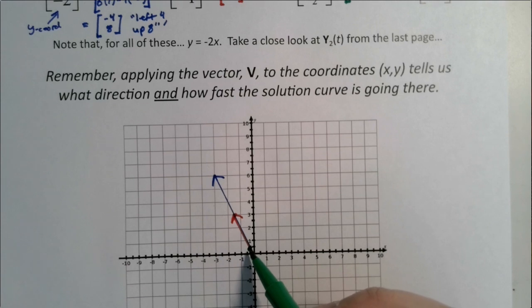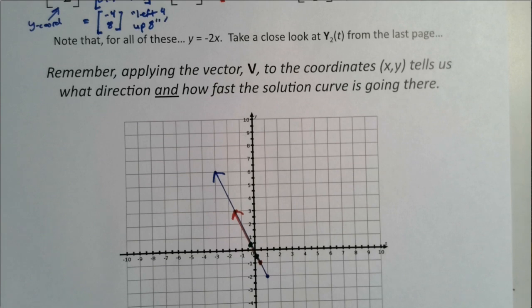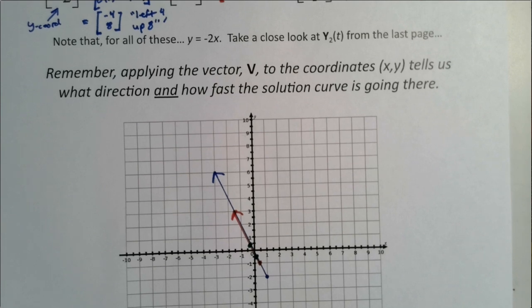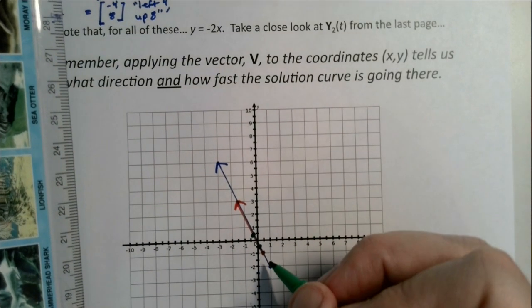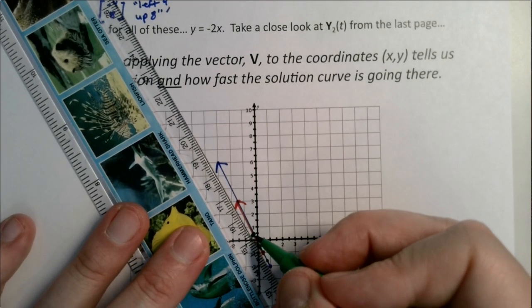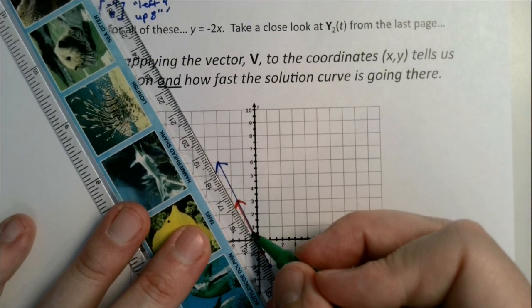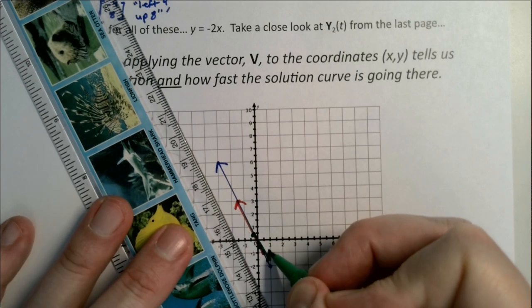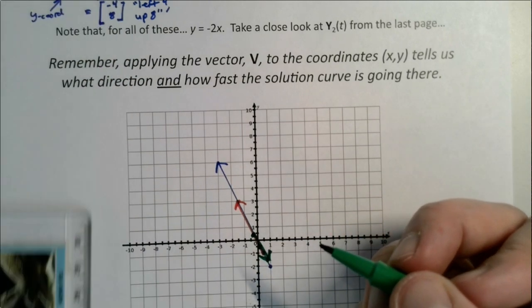So right 1's going to put me right about there, and then down 2 is going to put me 1, 2. So down here, and so I have to plot that. It's going to put me right about there, and you're not at all surprised, I'm sure, to find that this thing is pointed right along the same direction.